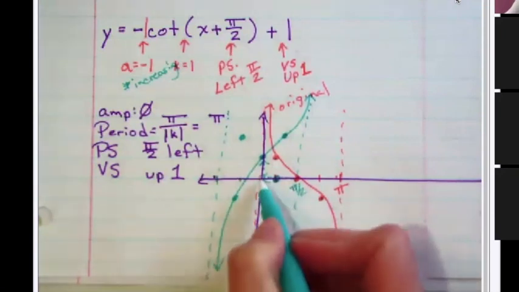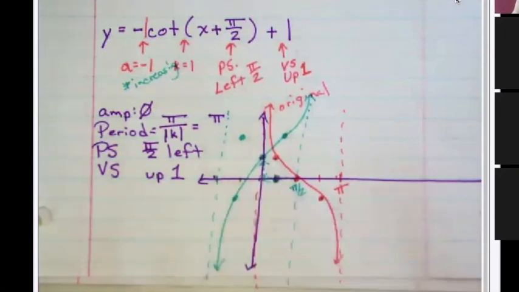So instead of crossing at the origin, it crosses at 1. But we've manipulated that graph so that basically it looks like a tangent graph that's been shifted up 1. So we could have described that graph either way, but since it's a transformation of my cotangent graph, I had to go through all of those steps to make the same thing. Okay, so that covers all of tangent and cotangent.